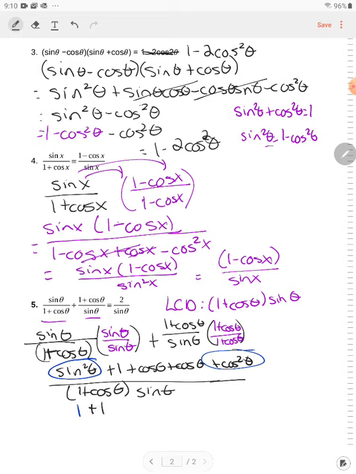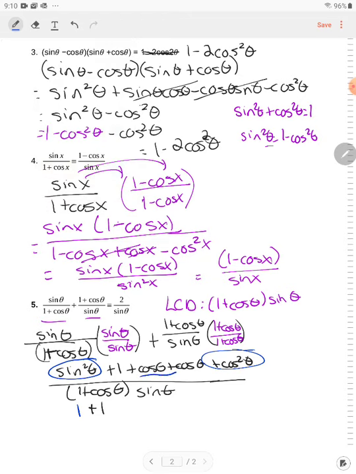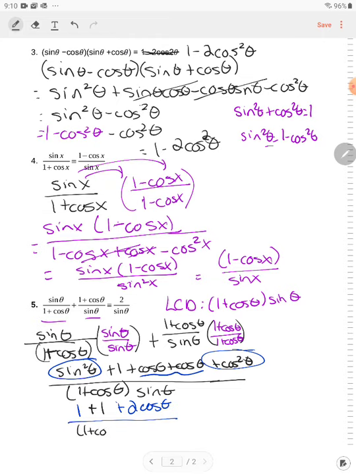And then right here, I'm going to add those, plus 2 cosine theta over the denominator, 1 plus cosine of theta times sine of theta. Okay, so that's equal to 1 plus 1 is 2 plus 2 cosine of theta over 1 plus cosine of theta times sine of theta.